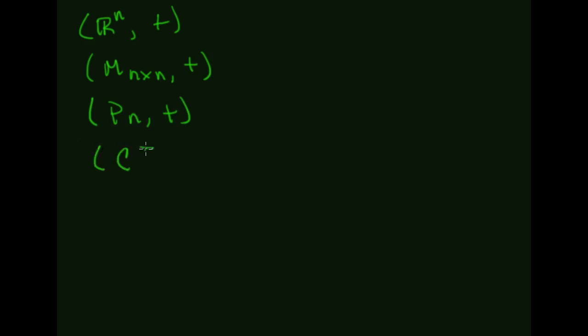And continuous functions over the interval a, b form a vector space. And that interval doesn't necessarily have to be closed. It can also be all real numbers. Continuous functions over all real numbers also form a vector space, and we'll get into some of that a little bit later on.